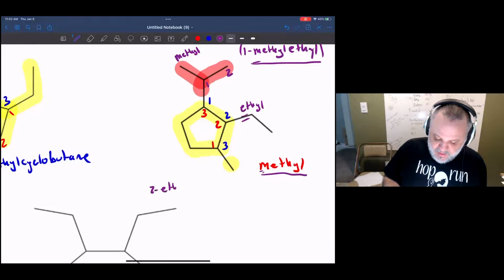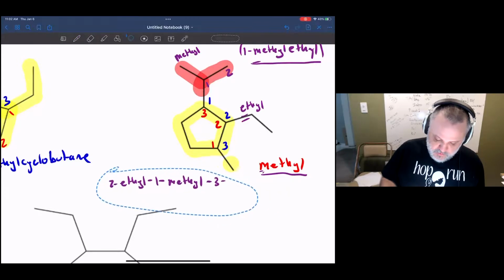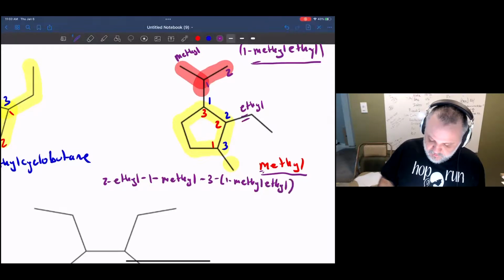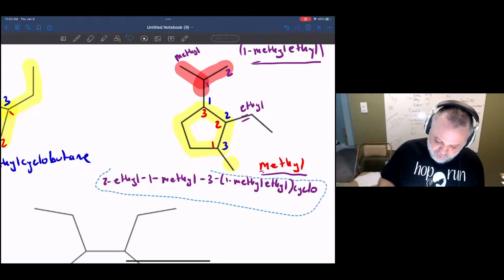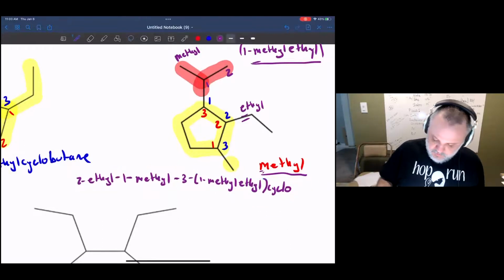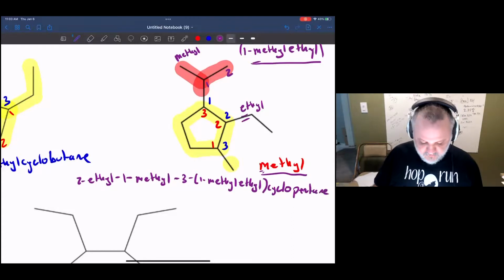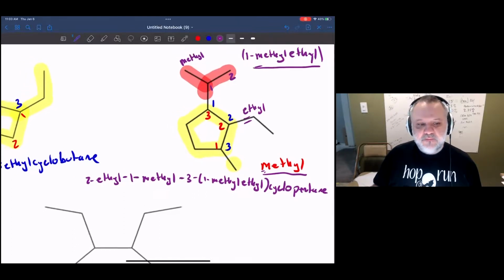So it's 2-ethyl, 1-methyl, 3 1-methyl ethyl cyclopentane. Okay, that's a big name. 2-ethyl, 1-methyl, 3 1-methyl ethyl cyclopentane.